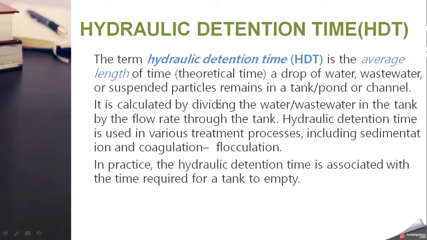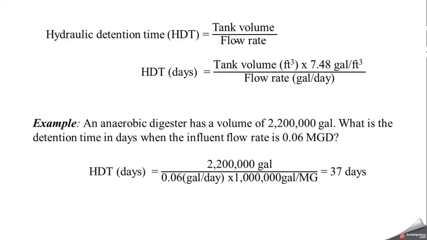It is calculated by dividing the volume of water or wastewater in the tank by the flow rate through the tank. Hydraulic detention time is used in various treatment processes including sedimentation, coagulation, and flocculation. In practice, the hydraulic detention time is associated with the time required for a tank to empty, that is, how much time it will take to empty the tank or reservoir.